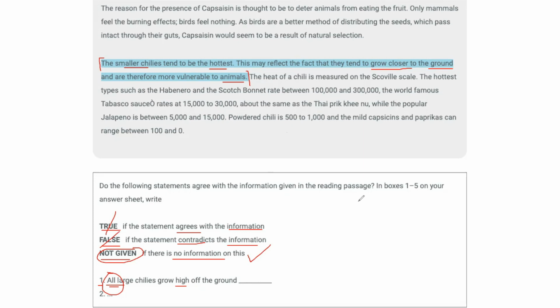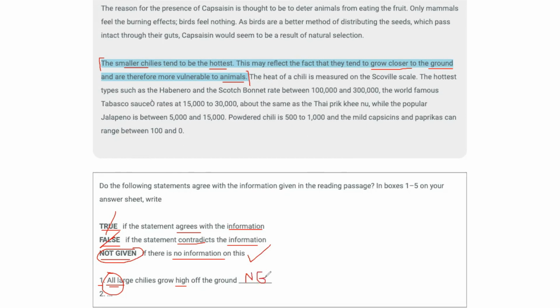So number one, for example, if it was in this paragraph, the following information would more than likely contain number two, number three, and so on and so forth. So you can rest assured that if this information does not contradict nor confirm this question, the answer is not given. So we can cross off false and we could write not given.